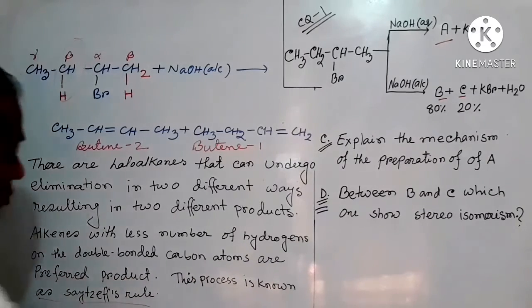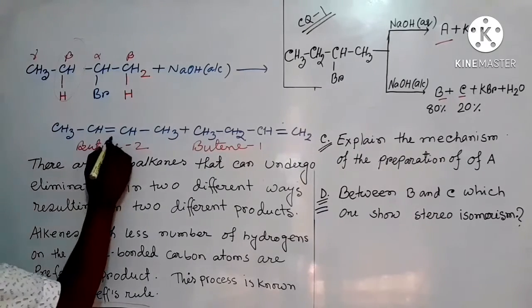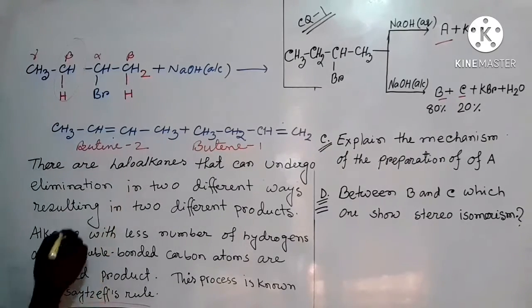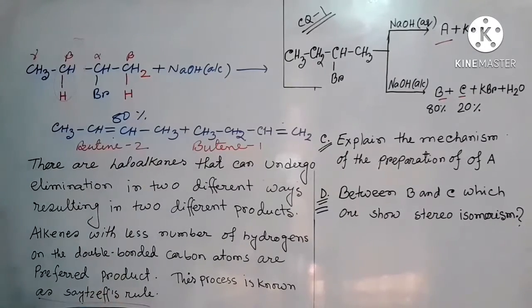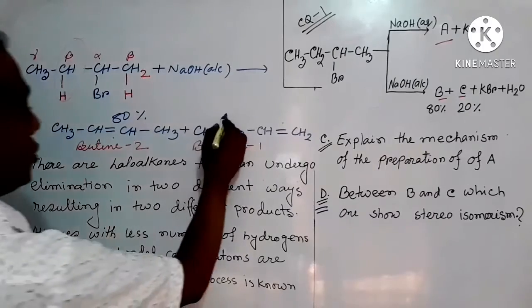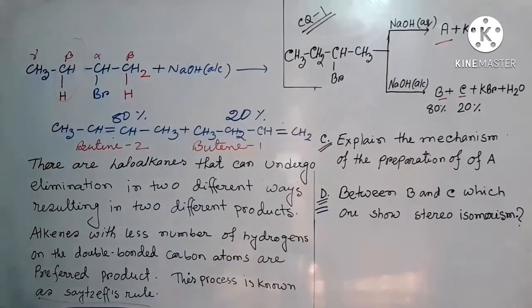So according to Saytzeff rule, this is the preferred product for this reaction, and that's why we get 80% butene 2 and 20% butene 1.